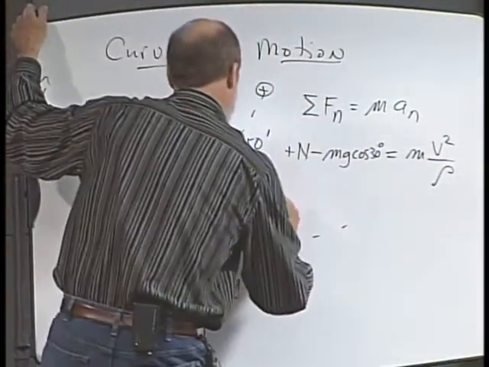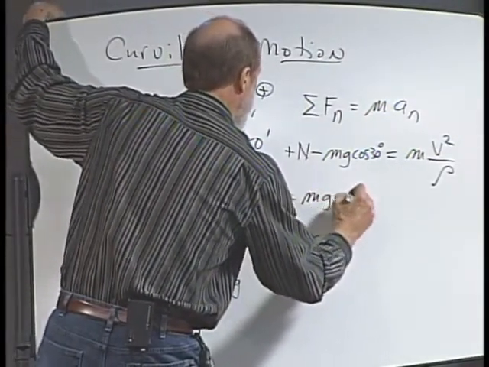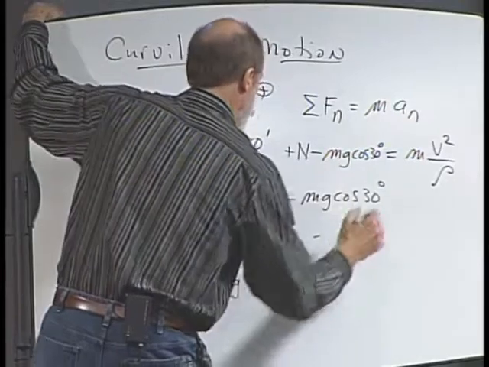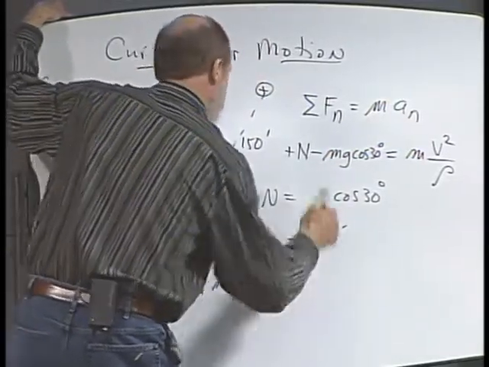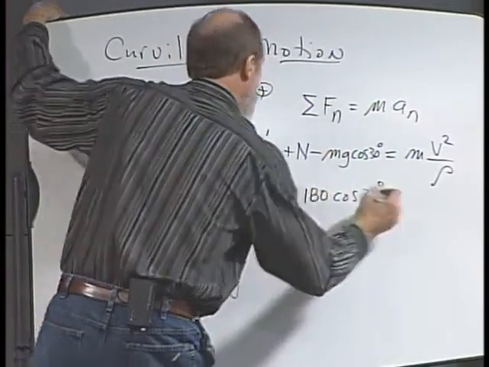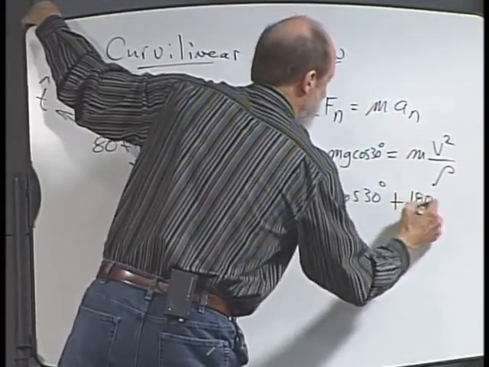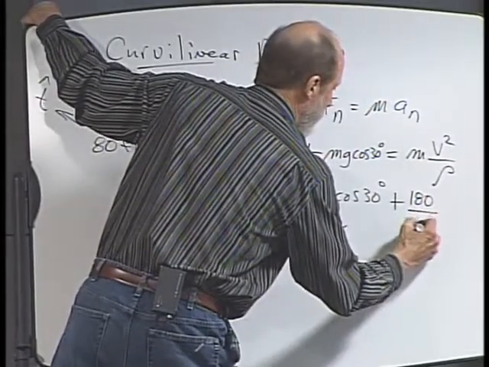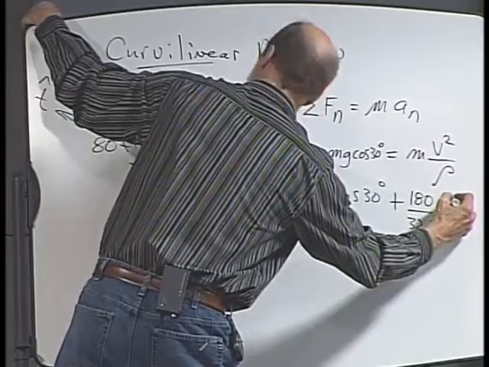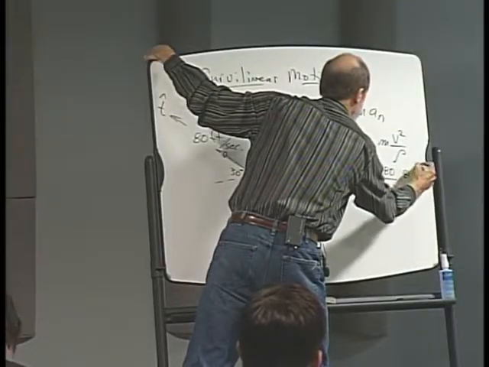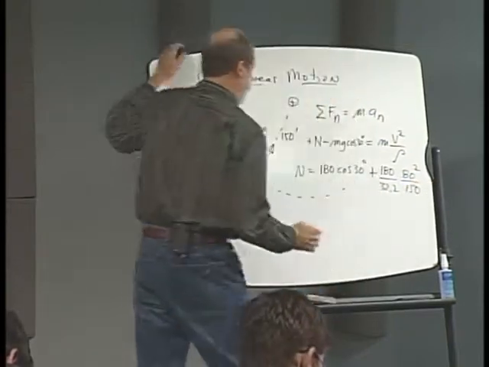So we solve this for the normal force, and we get mg cosine 30 degrees, and we could go ahead and replace that with our 180 pounds. And we add to that the mass, which is the 180 pounds over 32.2. And our speed was 80 feet per second. And our radius of curvature is 150.